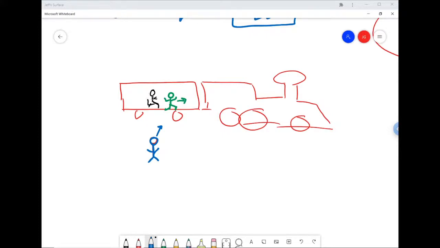So that's the essence of relative velocity. If you're a stationary observer not moving with the train, it looks like the green guy is moving faster. If you're on the train, it looks like the green guy is moving slower, because you're measuring that relative to your frame of reference.